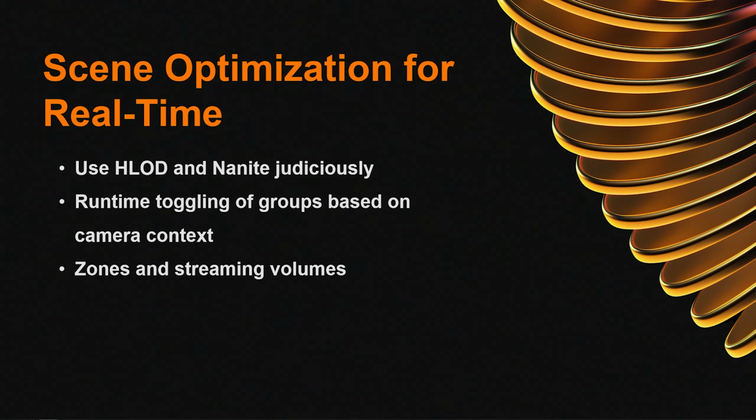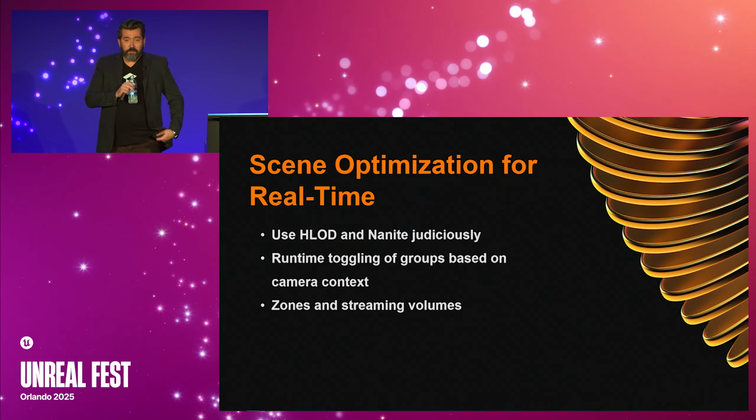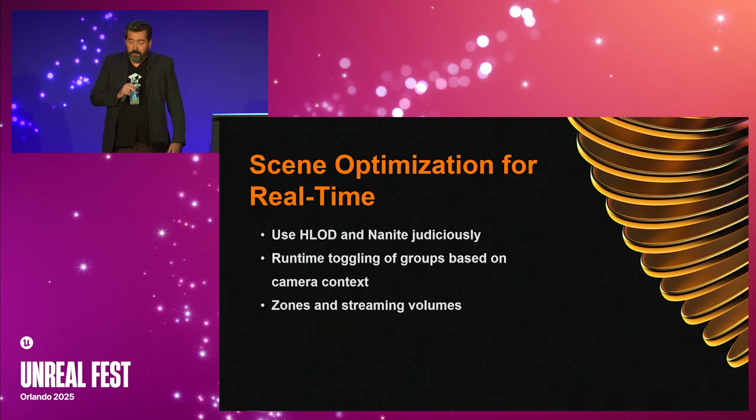One of the things the importer does that's absolutely critical is turn Nanite on everything. Nanite has to be used judiciously. Anything that has a shadow on it needs to be Nanite.